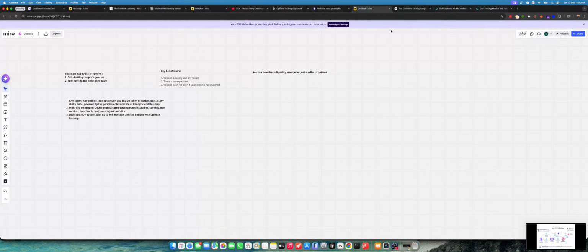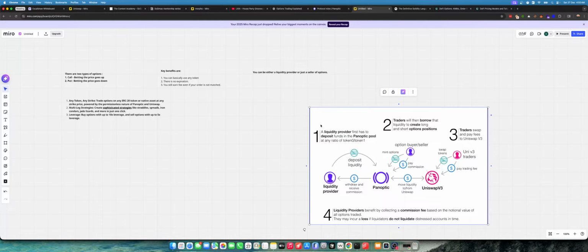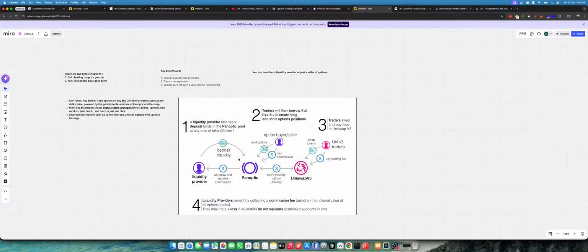This is something that is important, so I'll try to explain what is happening. As far as I can understand, liquidity providers provide liquidity, and option buyers and sellers can mint options, and they need to pay commissions to Panoptic. So they have shares or options minted to them, which represent the price movements, right? At the same time, the liquidity that the LPs provide moves back and forth from Uniswap.